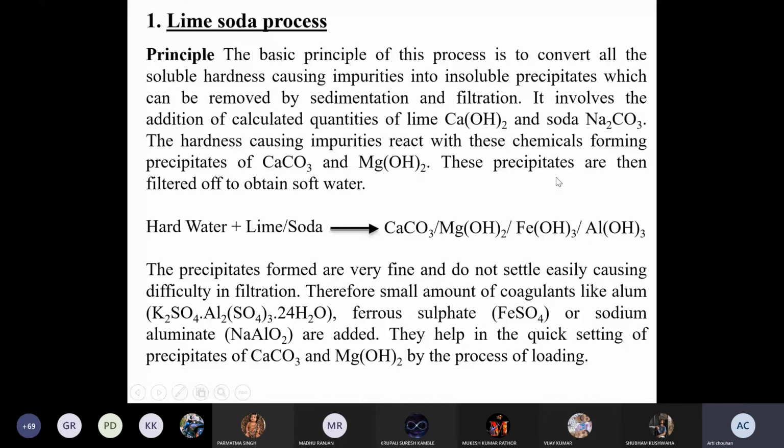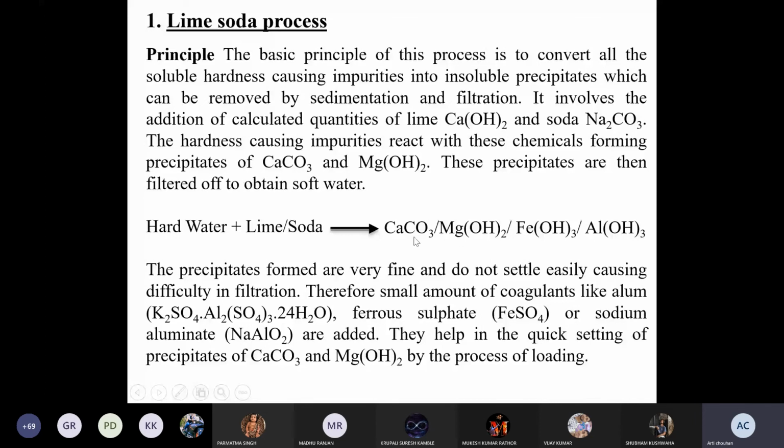If lime and soda are added to it, you get calcium carbonate or hydroxides of the rest of the heavy metal ions present, through the reaction. After the chemical reaction, all these metals are converted into precipitates: carbonates of calcium and hydroxides of magnesium, ferrous, and aluminium.